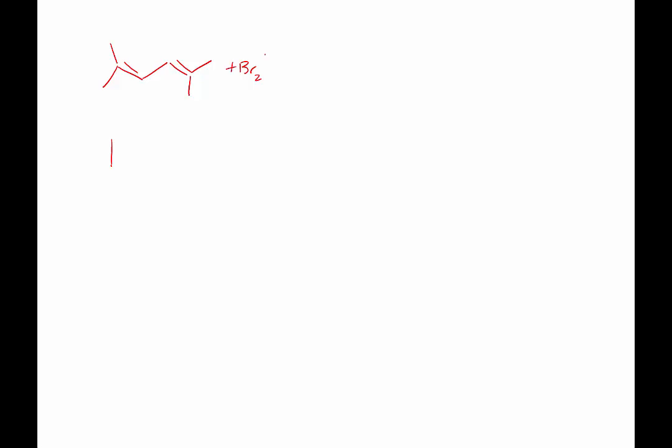So I'm going to say, okay, I'm going to add my Br to carbon 1. That's going to leave me a carbocation. Then I'm going to write the resonance hybrid or resonance structure. And then I'm going to add my Br minus to both those.